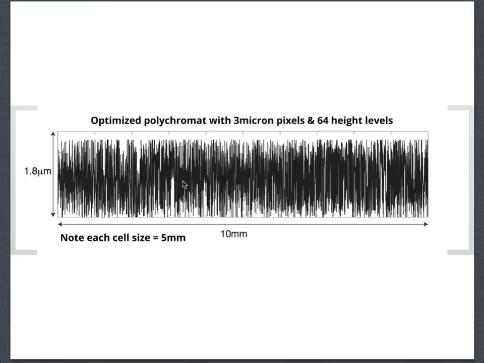So this is another design. In this case, it is also designed for 2-band spectrum splitting, but the pixel width is 3 micron, which was 10 micron in the previous design, and the number of levels is 64, which was only 4 for the last case.